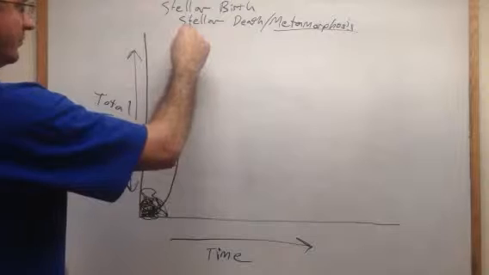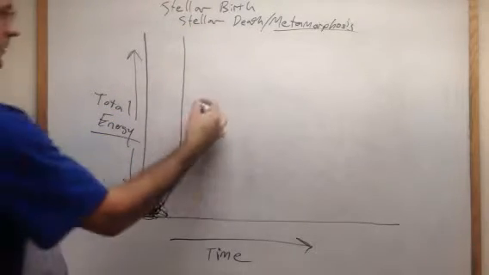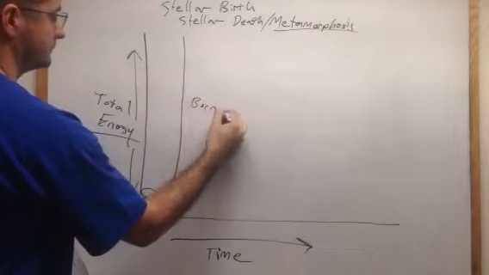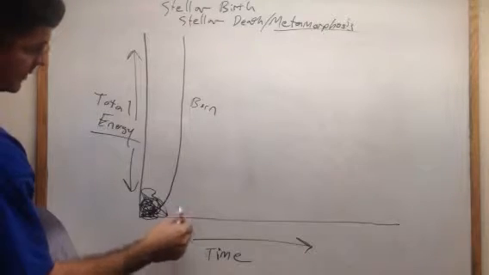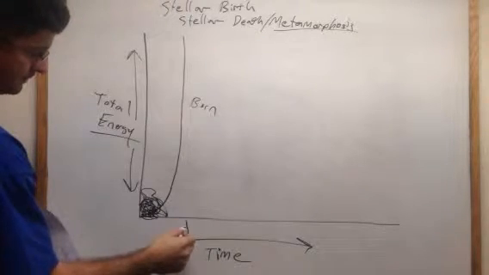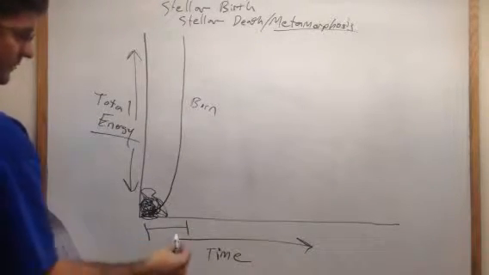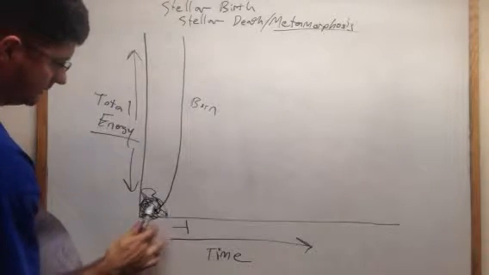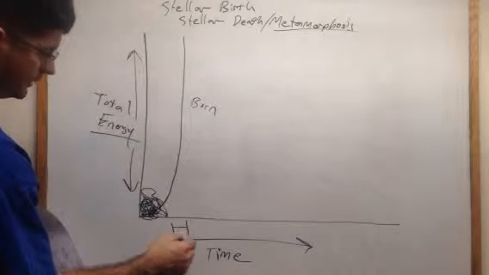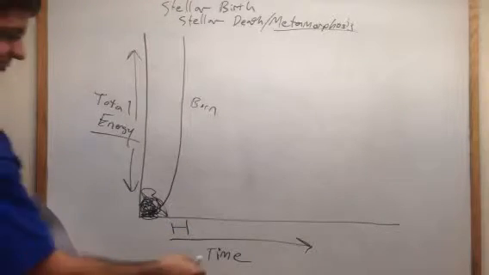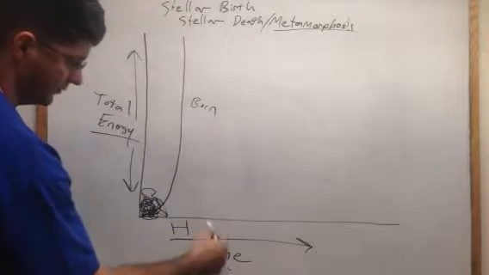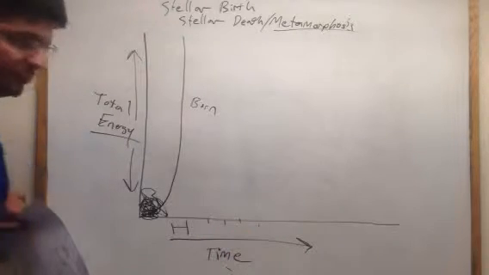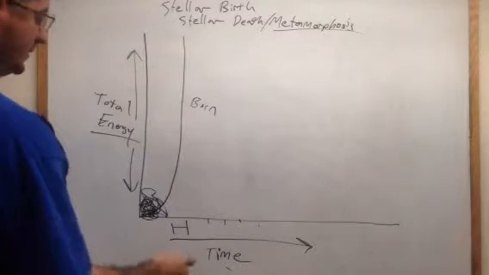And what happens is the star is born. And the amount of time that the star is born in is relatively short. I'd say maybe about that long. There isn't any scale for this because it's purely conceptual at the moment.